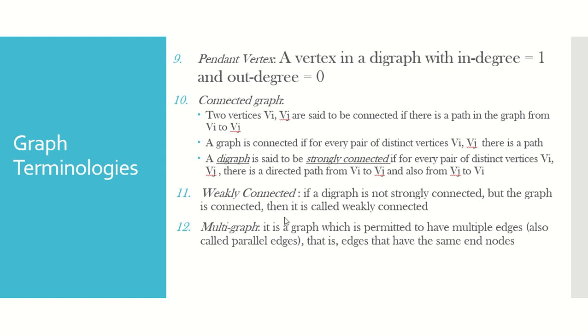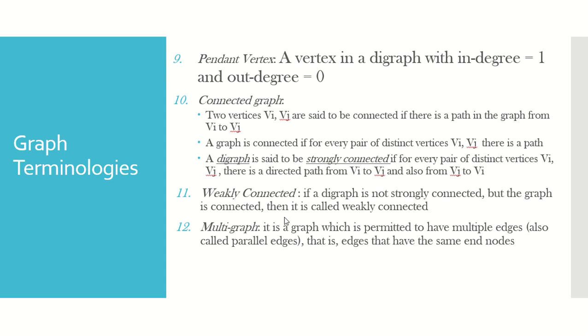A digraph is said to be strongly connected if there is a directed path from any vertex Vi to any other vertex Vj, and also if there is a directed path from Vj to Vi. So if there is a directed path from Vi to Vj and a directed path back from Vj to Vi, then such kind of a digraph is called a strongly connected graph.